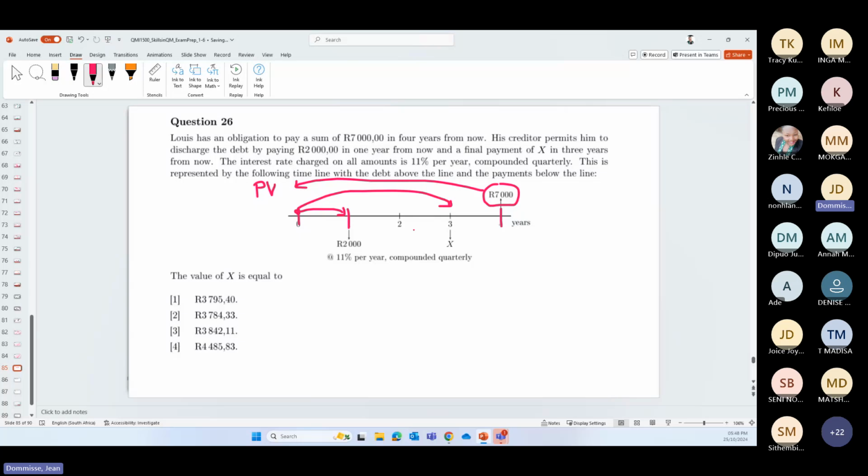So we can say the interest component, or we can move that to that period maybe. There's a few ways we can do this.